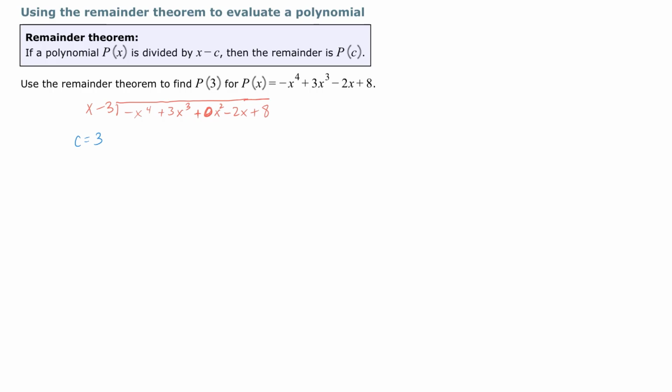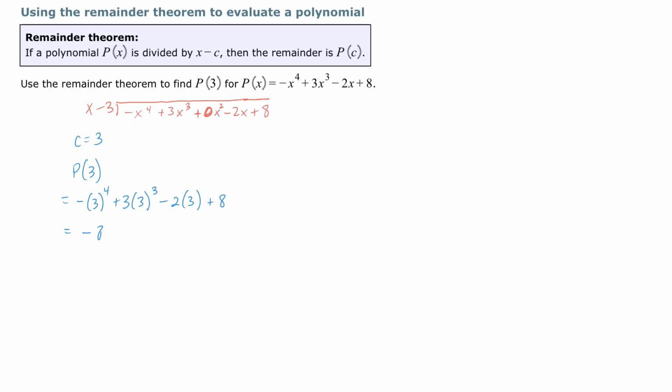And then let's evaluate P of 3. So whenever you see an x, you're just going to put parentheses and then a 3 in there. Pretty straightforward. Make sure you use parentheses, make sure you use order of operations, exponents first.